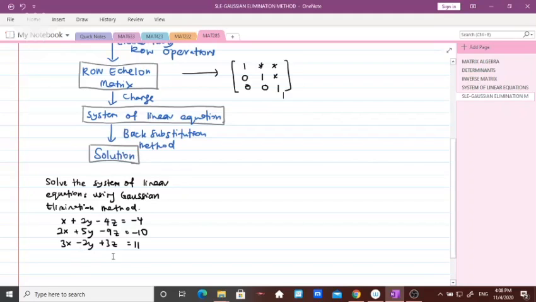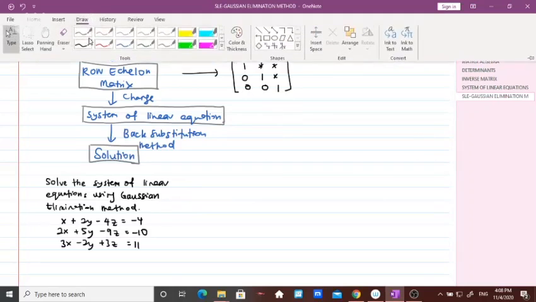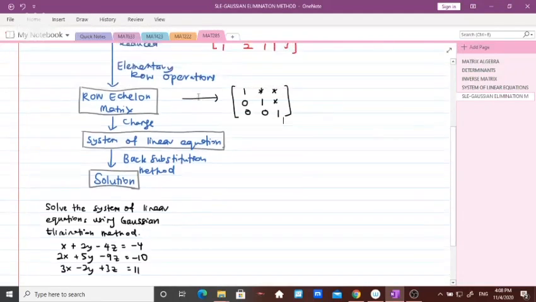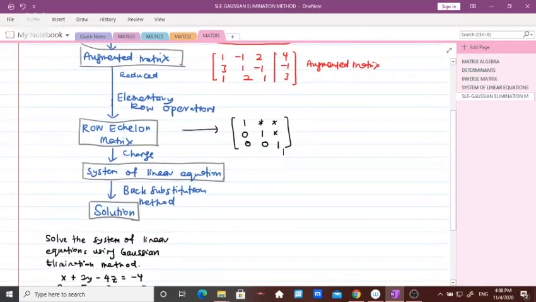But before I solve this example, I want to show you the steps of elementary row operations. Since we have to reduce the augmented matrix into row echelon form, we have to use the ERO here, right? So I want to show you the steps for the ERO.